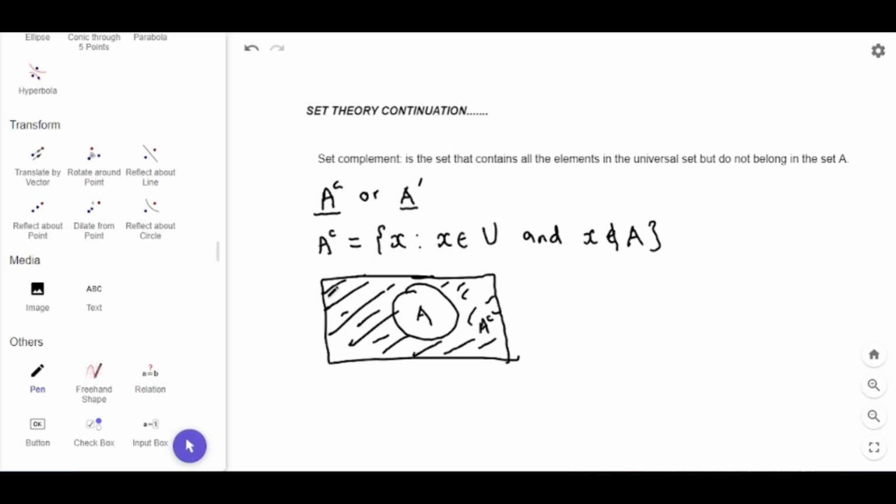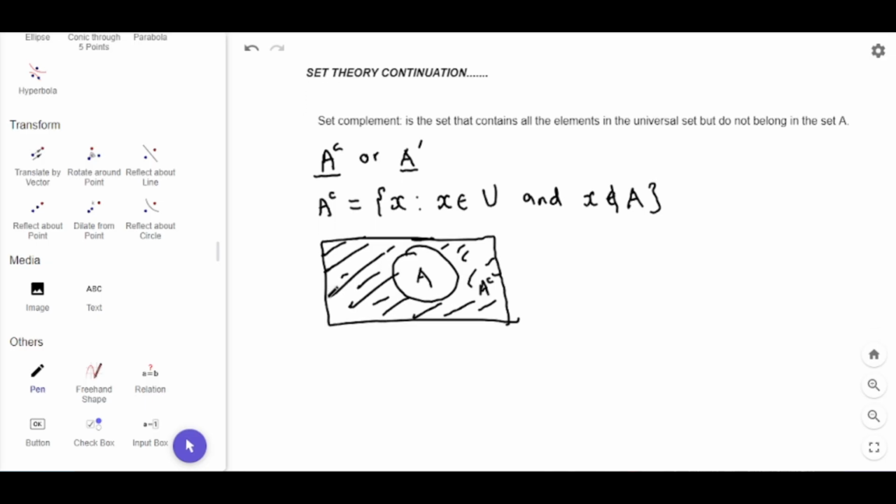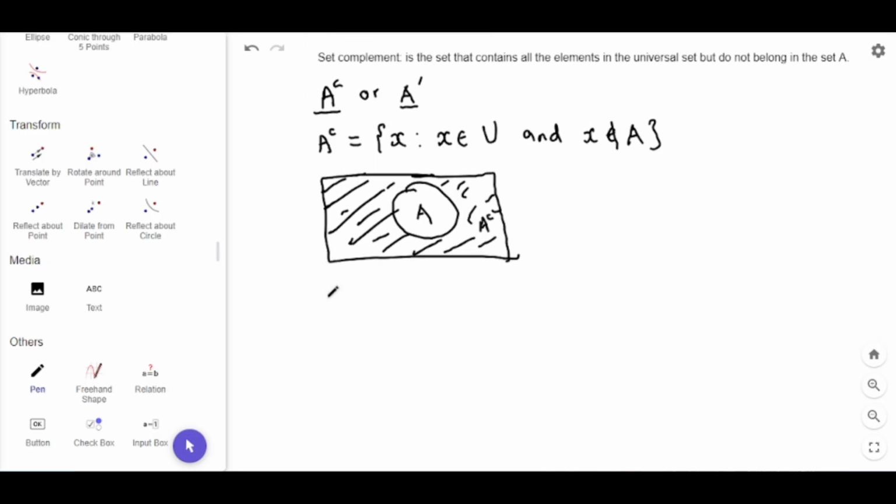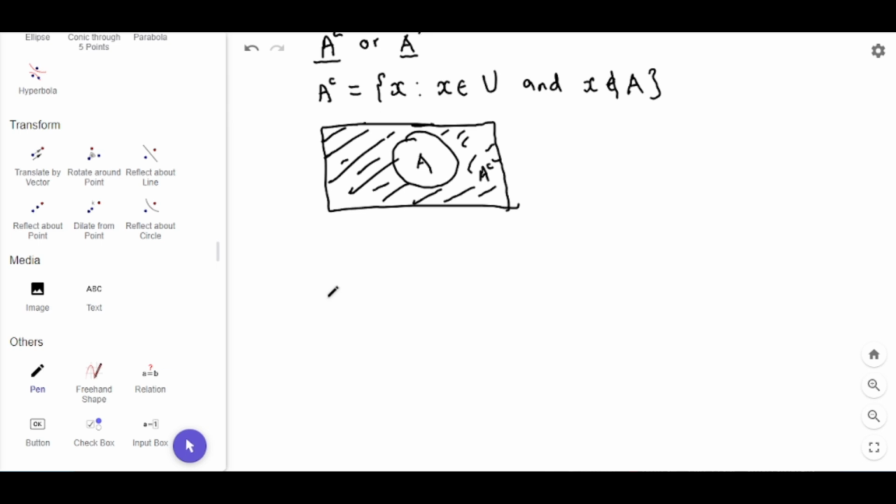Let's see an example. In most cases we'll be given the universal set because a set has to be defined. You are told the universal set is equal to the set of numbers from 1 up to 10, let's just put it up to 10.